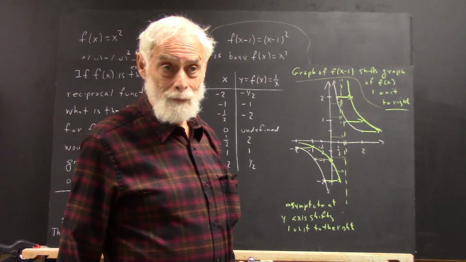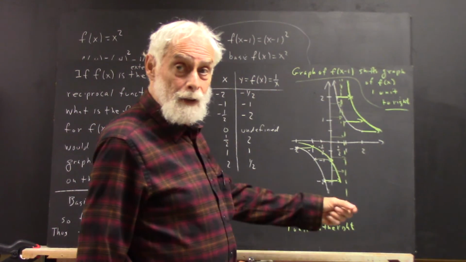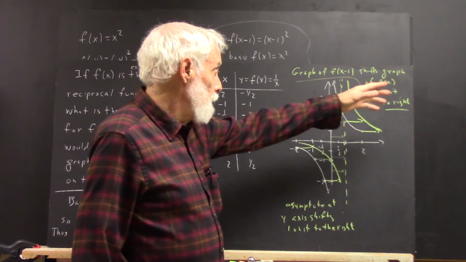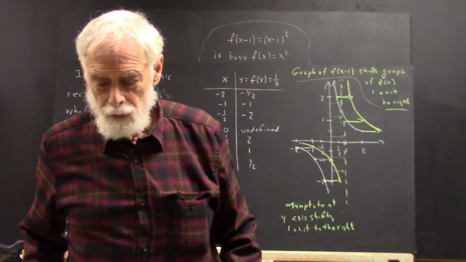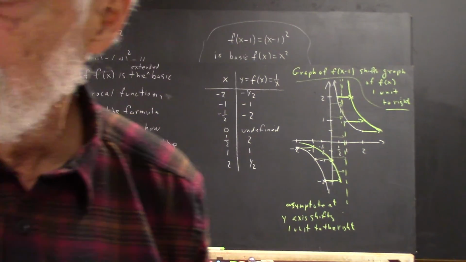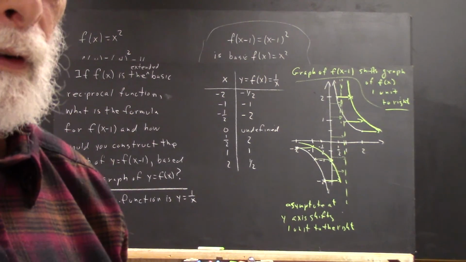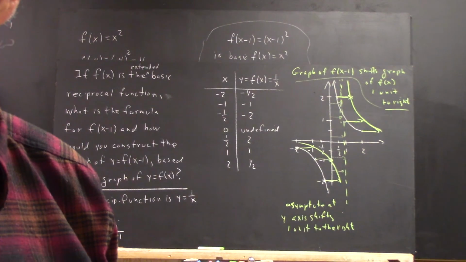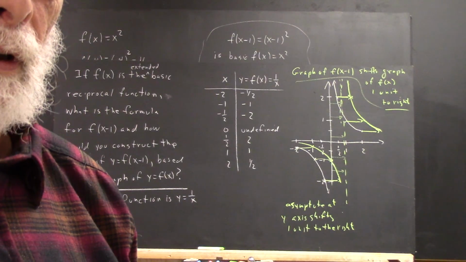If you want to raise or lower the graph, you add or subtract a number to f of x. And I'll give you a little bit of preliminary to that in the assignment so we can move right into it so you understand these transformations. And also a little bit of function notation. Okay?